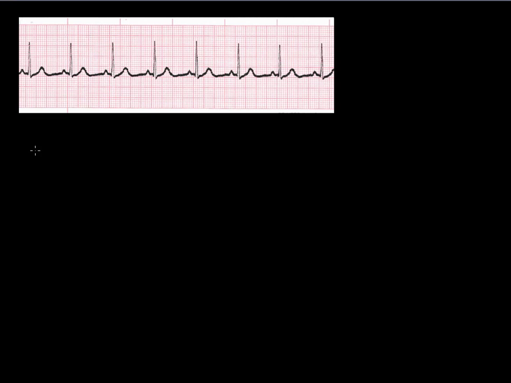So for our rules here, I'm going to start out with our sinus rules. The first one I look for is the QRS, just because the QRS tends to show up a lot easier. So the QRS should be narrow. A narrow QRS is defined as one that's less than or equal to 0.12 seconds.